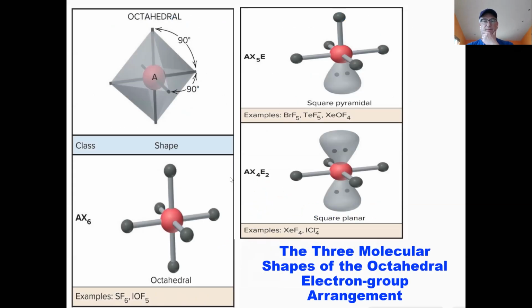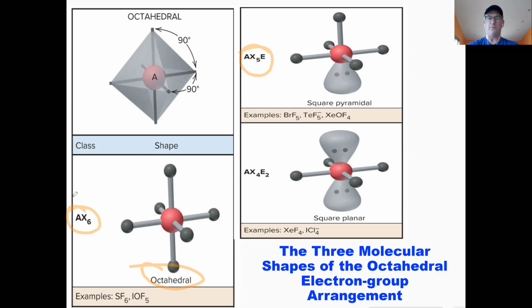And then finally, when you have 6 surrounding, these are the octahedral groups. And so when you have AX6, there's no lone pairs. You get the perfect octahedral shape. So sulfur hexafluoride, the 6 fluorines surround the sulfur and space themselves as far away from each other as they can.